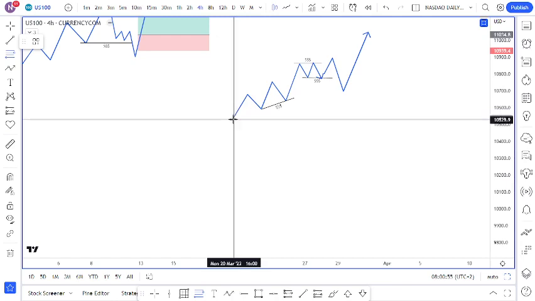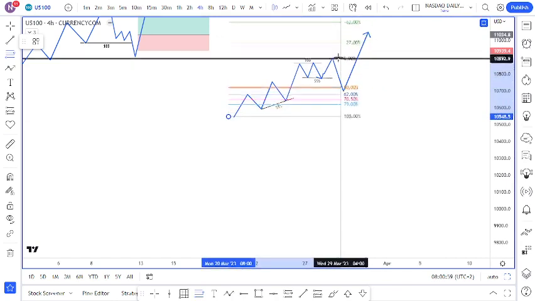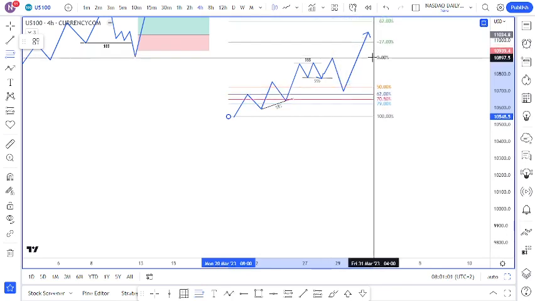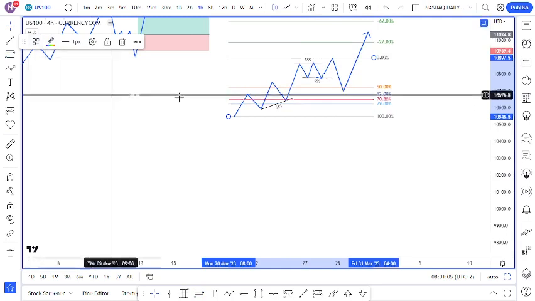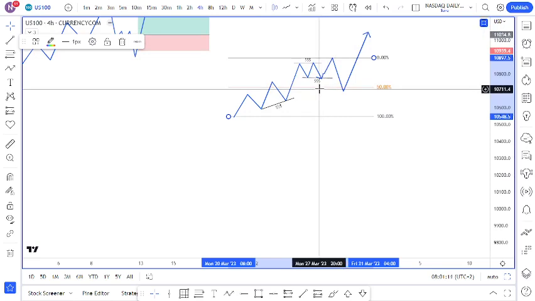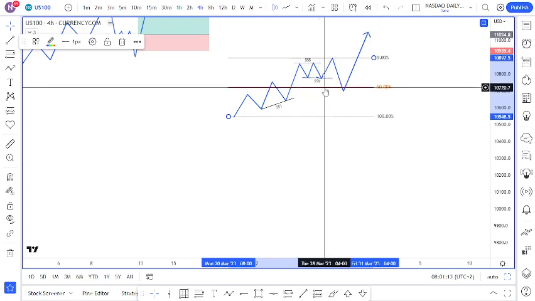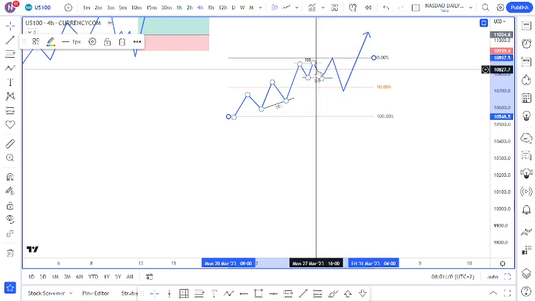So if we imagine this being the low, we take a fib, place it on the high. Let me just get a different fib. Place it on the high, right? And then here where the 50% level is, this is equilibrium. So above the 50%, this level is a premium level.